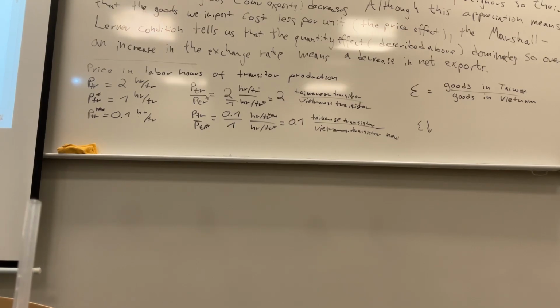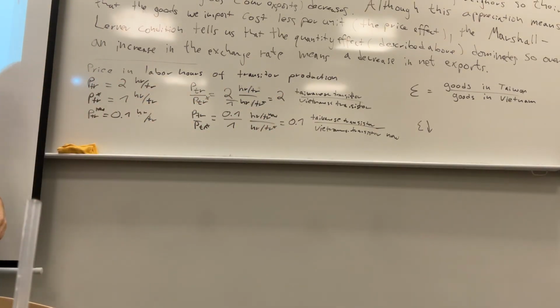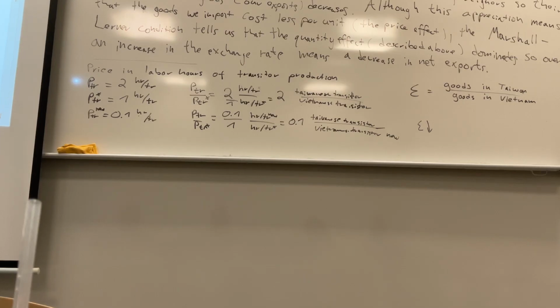Right? So this decrease in the real exchange rate is the cost, measured in terms of our transistors, of a foreign transistor. So it's now become cheaper in terms of labor hour.